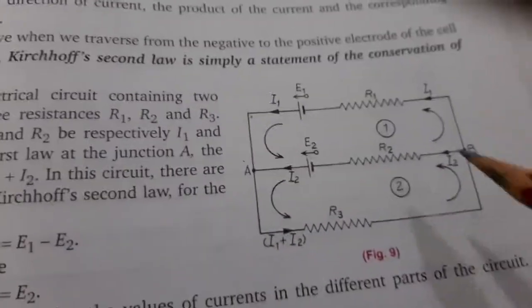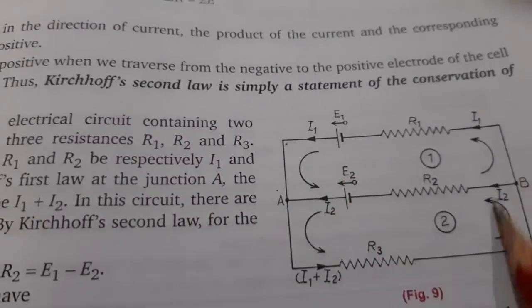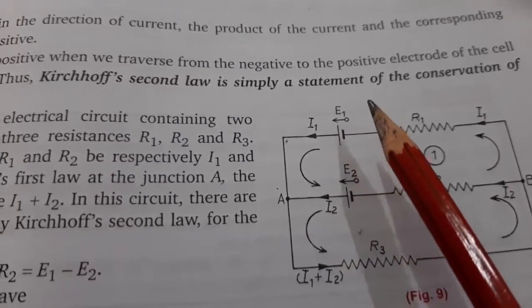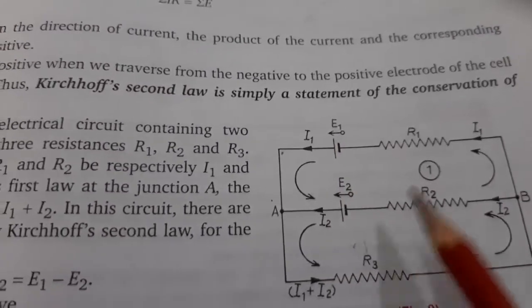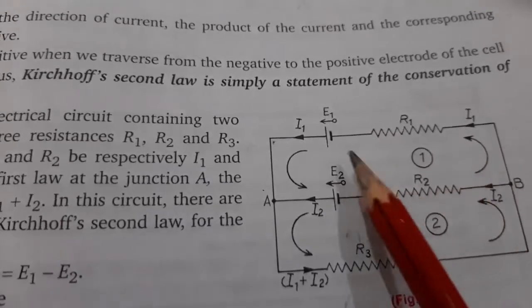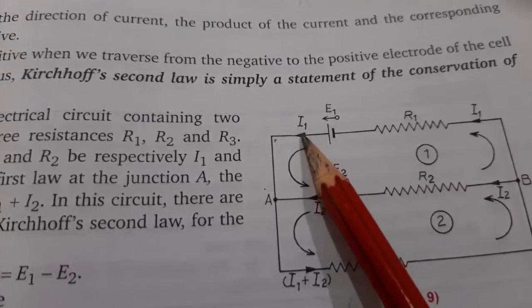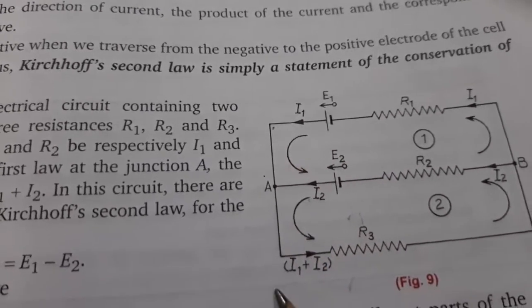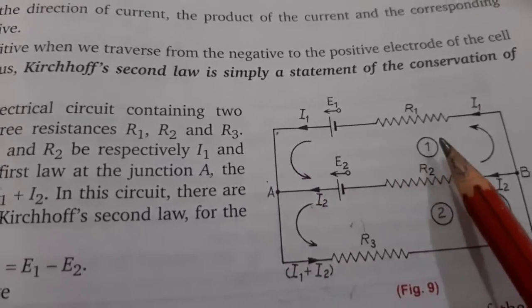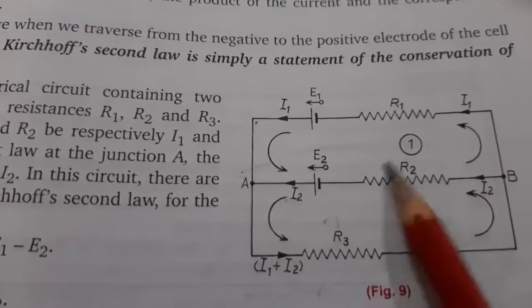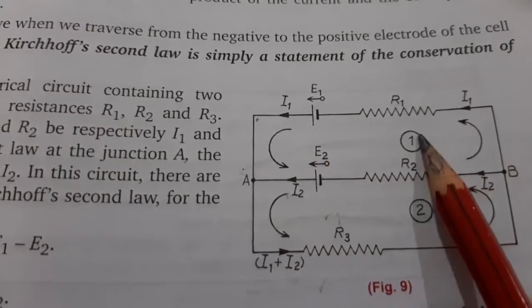The total terminal voltage across the ends of a resistor and the plates of a cell will be 0. Here in this example you can see a circuit having two cells with internal EMF E1 and E2. There are three external resistances connected in this circuit: R1, R2 and R3. The current given by the first cell is I1 and by the second cell is I2. The total current passing through R3 will be I1 plus I2. There are two loops. You can see in this example there are two closed circuits in the given circuit, loop first and loop second.